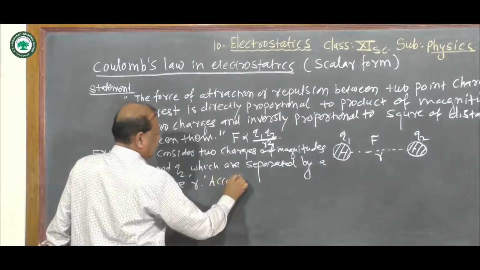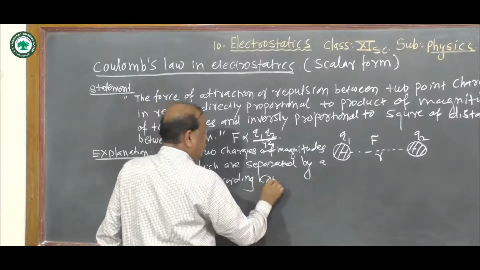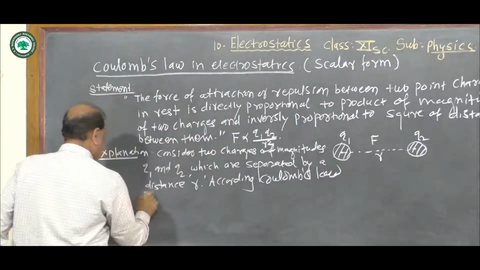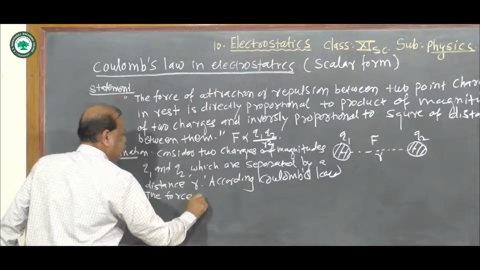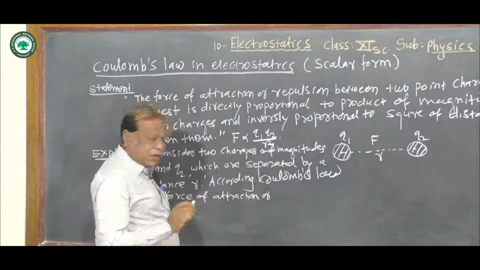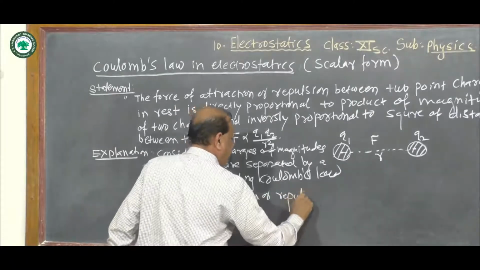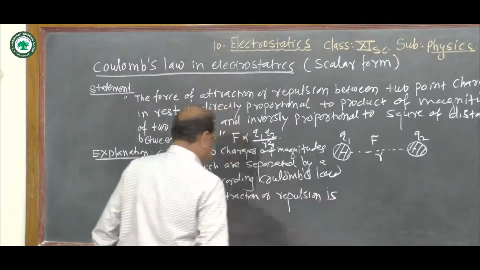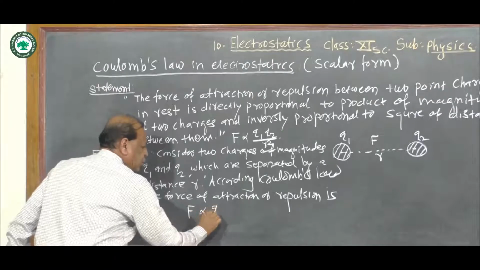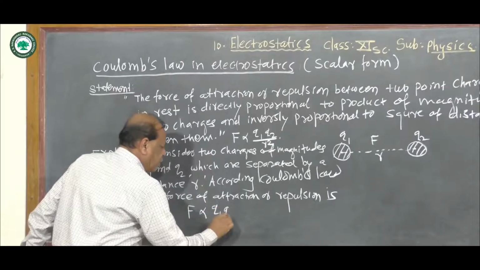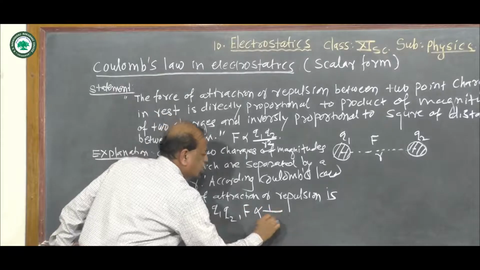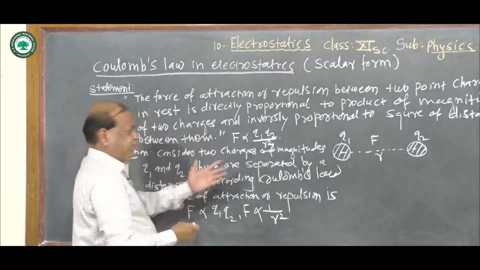Now according to Coulomb's law, the force of attraction or repulsion is directly proportional to the product of the magnitudes of the two charges, and this force is inversely proportional to the square of the distance between them.